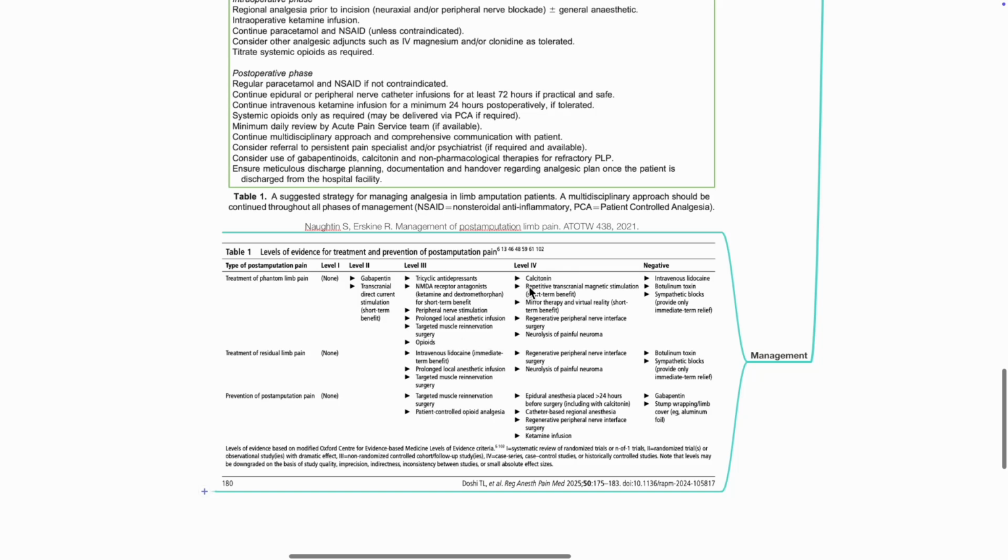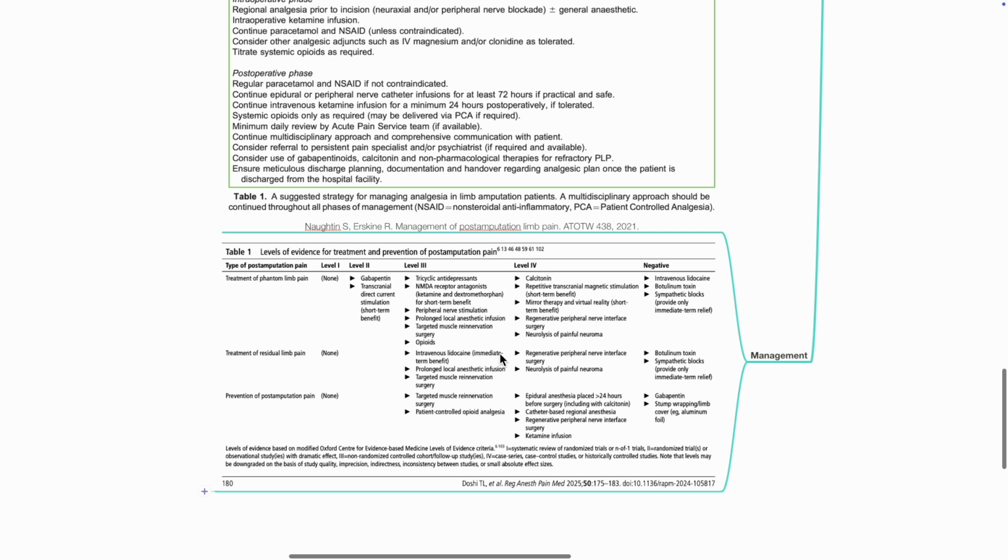Level 4 evidence: calcitonin, repetitive transcranial magnetic stimulation with short-term benefit, mirror therapy with virtual reality showing short-term benefit, regenerative peripheral nerve interface surgery, and neurolysis of painful neuroma. Negative evidence for IV lidocaine, botulinum toxin, and sympathetic blocks.